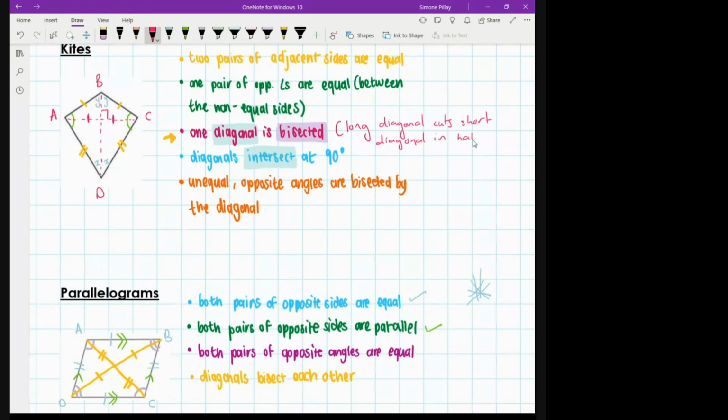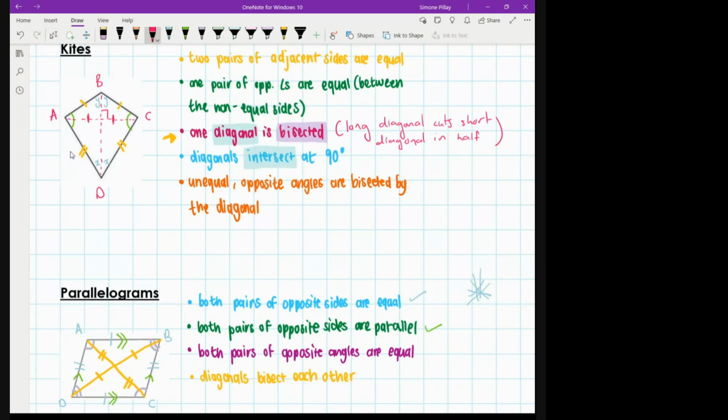Does that make more sense? Yes, ma'am, it does. Cool. So that's that property over there. One diagonal is bisected. To put it in more understandable terms, my long diagonal cuts the short diagonal exactly in half. And that's why I have these two markings over here to indicate that those two parts of the lines are equal because they've been cut exactly in half. Does that make sense?